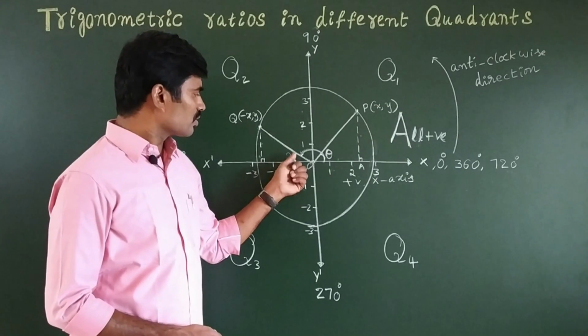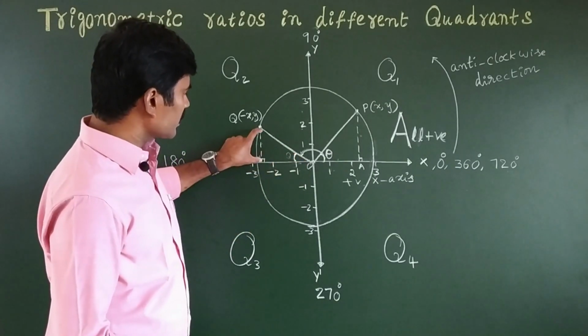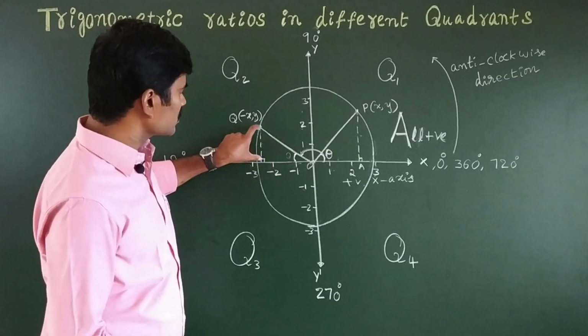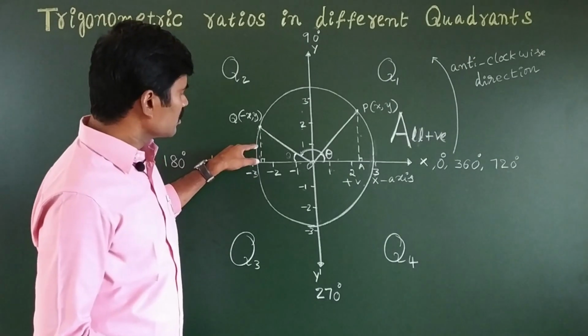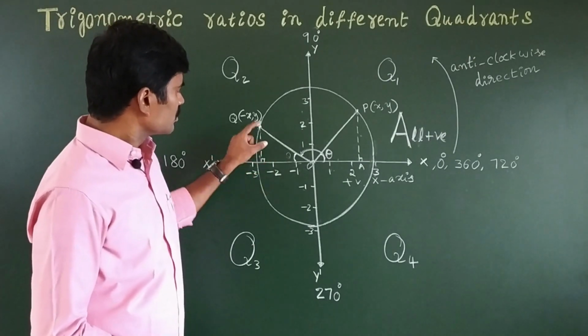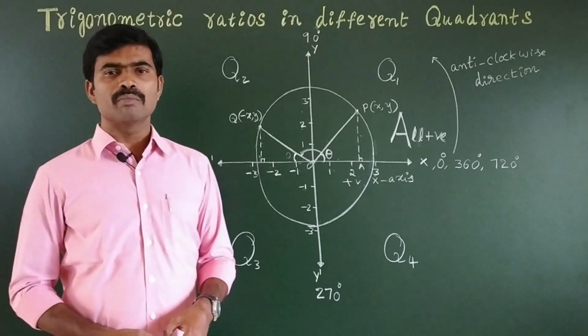Cosecant theta. Cosecant theta means hypotenuse by opposite side. Hypotenuse is positive. Opposite side is also positive. This length is y. This length is minus x. So positive by positive, cosecant theta is positive.